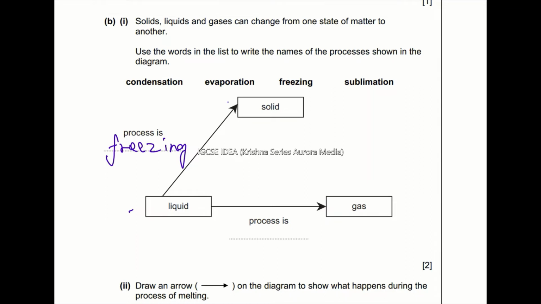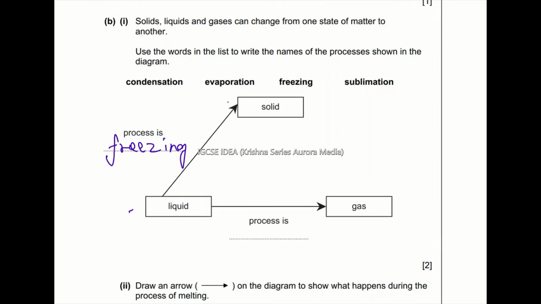If you keep a glass of water in your freezer or at low temperature, like 0 degrees Celsius, then it'll turn into ice. You all must be knowing this, which is a solid. So you all know the name is freezing. So that's the answer.